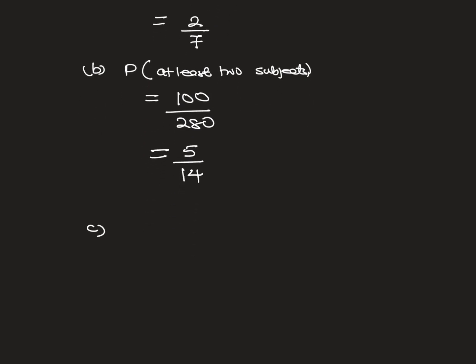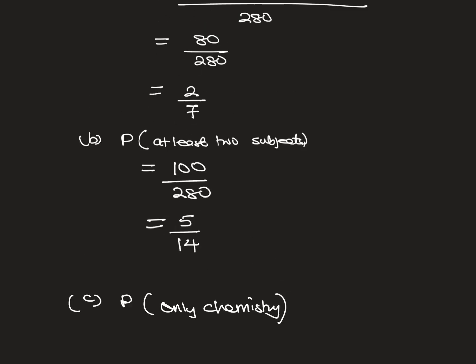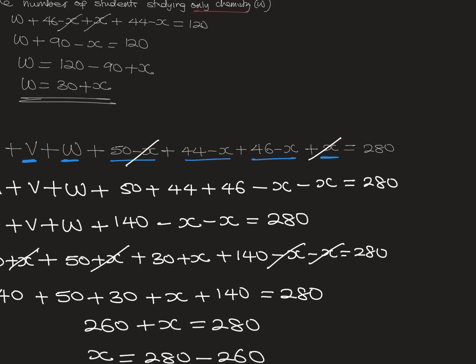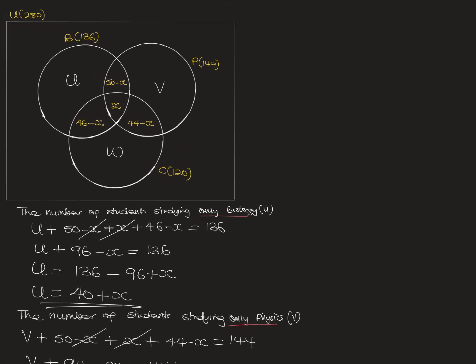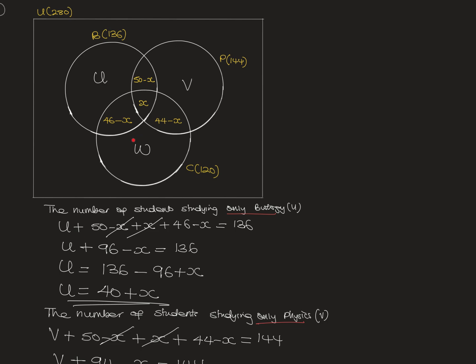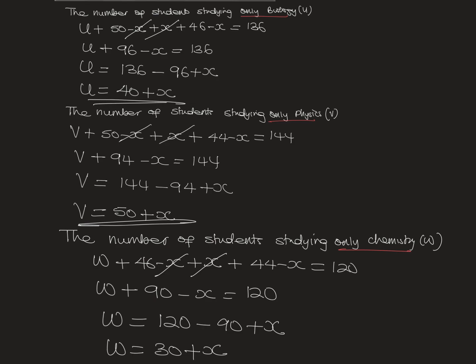And lastly, we want to find the probability that the student studies only chemistry. So what is the probability that the student studies only chemistry? For only chemistry is W, right? And what is the equation that we have for W?